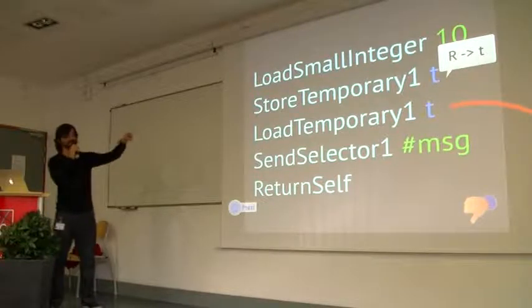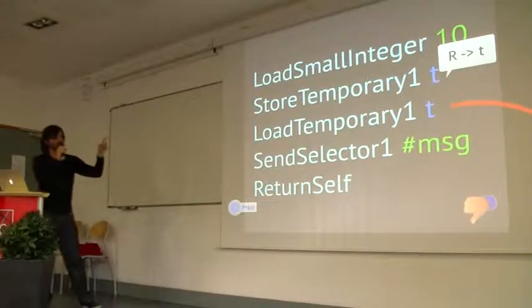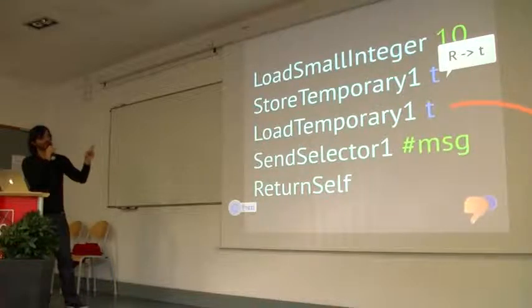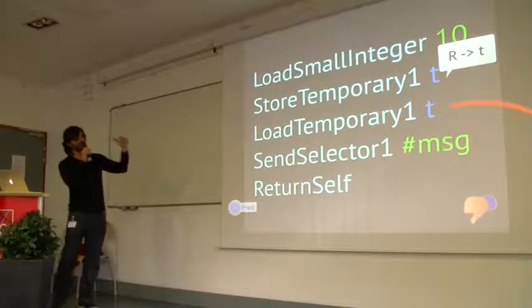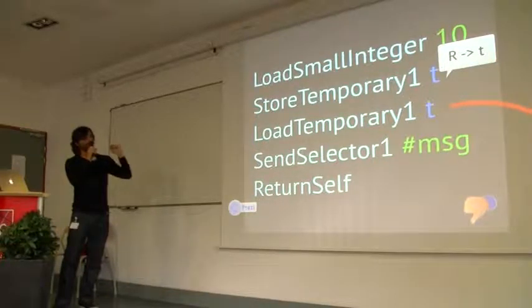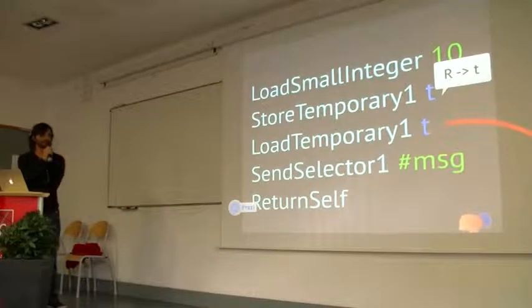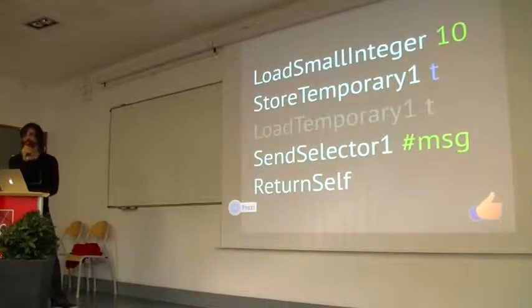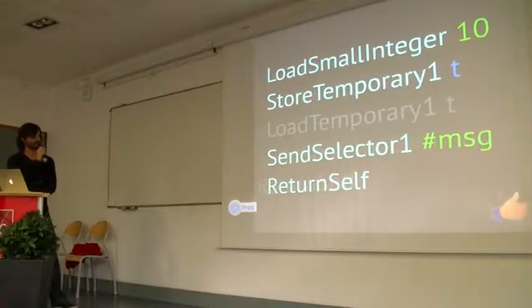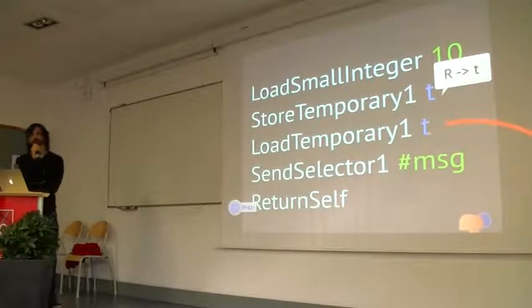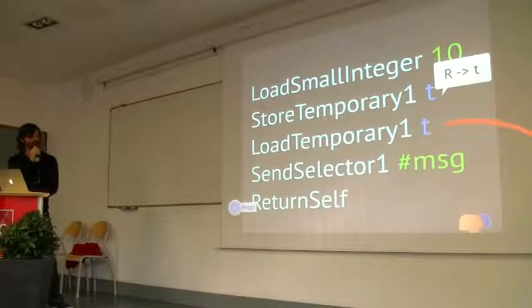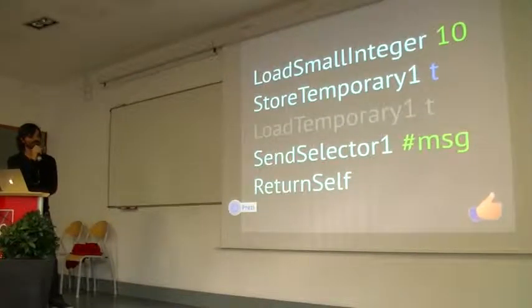In this case, it is the same variable. So after store temporary t, we are sure that, under certain conditions, as we will see, t is already in R. So what we can do is just drop this bytecode, and if this bytecode corresponds to some assembler instruction, we will have one less of them.